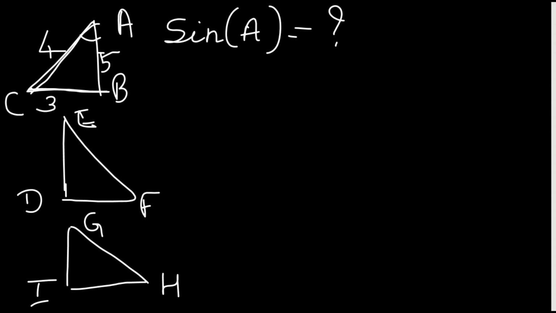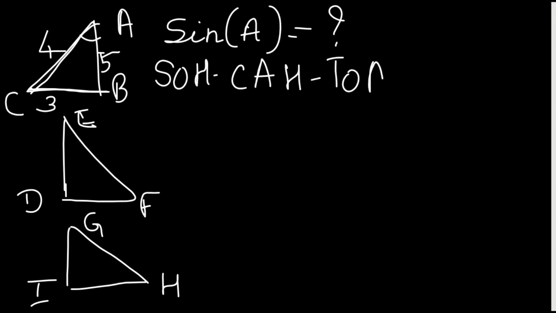So what will the sine be? For example, you forgot the definition of sine. So you can just remember what I told you, SOH CAH TOA. Of course, CAH and TOA are not required here.